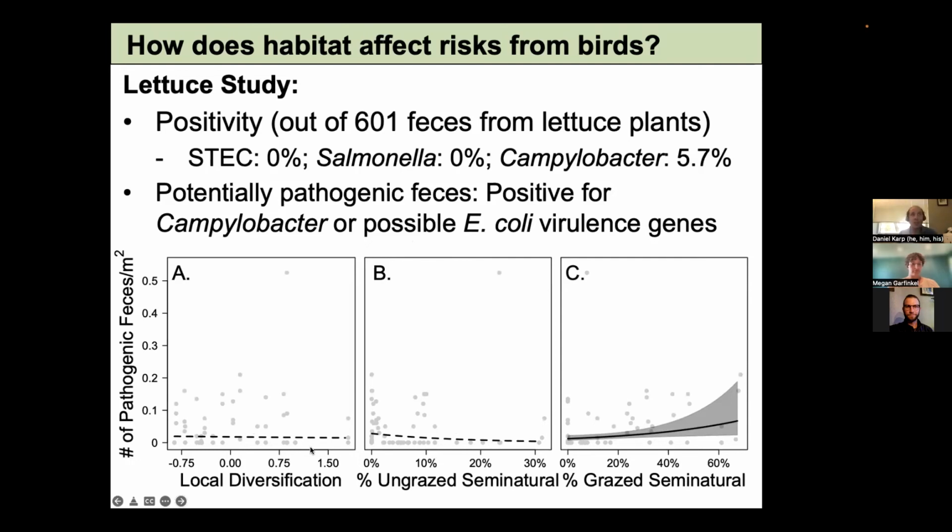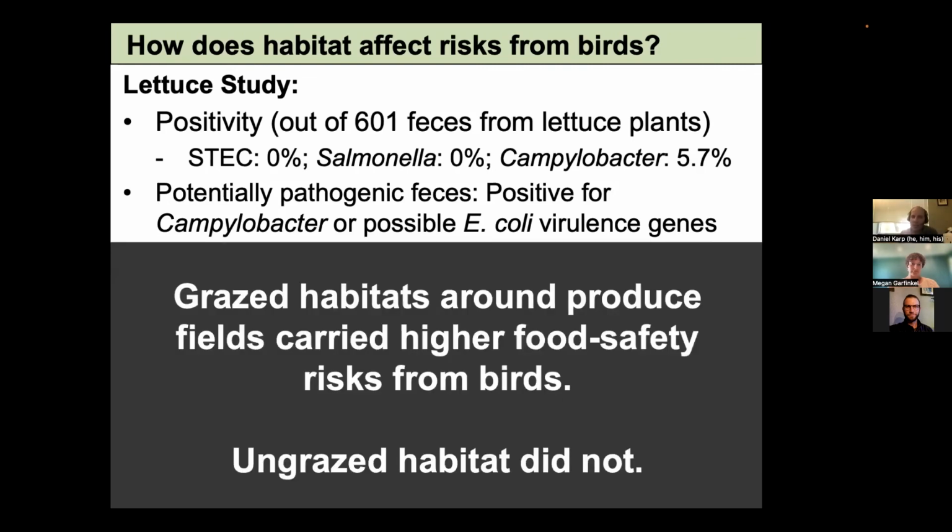For the local diversification and the ungrazed, there were no significant trends, but for the grazed, we did see an increase. So if you have more grazed land around your farm field, again, you're at higher risk of having these higher densities of the pathogenic feces. So the grazed habitats carried higher food safety risk from birds, whereas the ungrazed habitats did not.